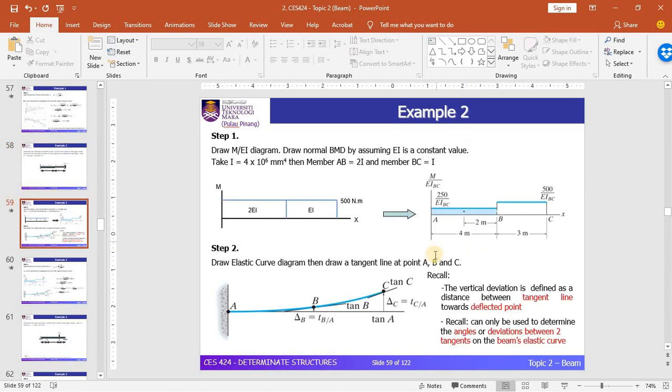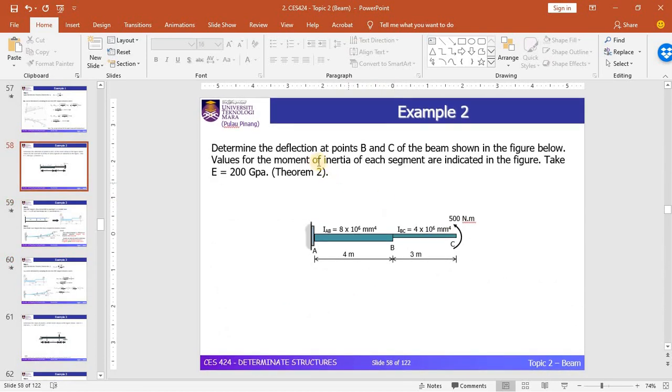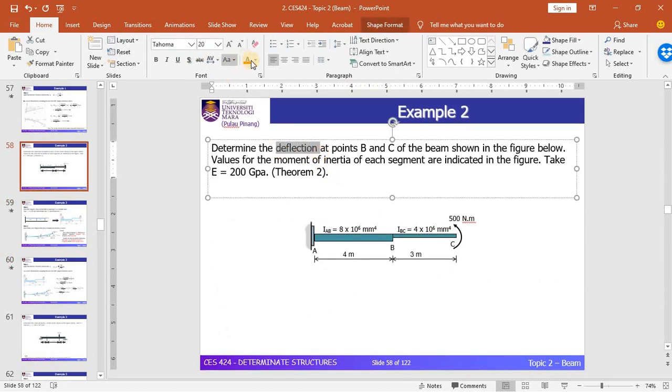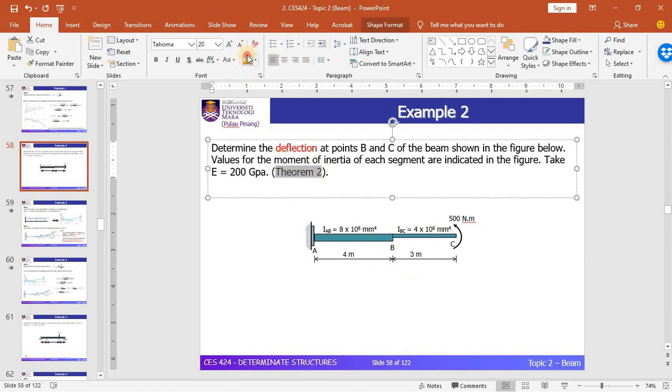The steps remain the same. First, draw the MEI diagram. Second, draw the elastic curve diagram. The third step is to apply the moment area theorem. Since we need to calculate the deflection of a beam, we need to apply the second theorem of the moment area method.